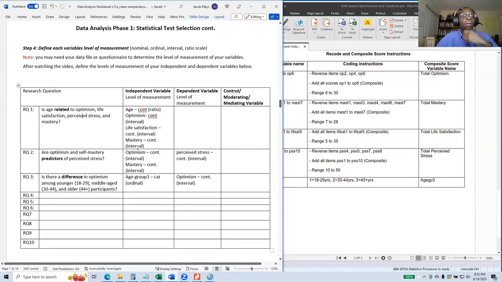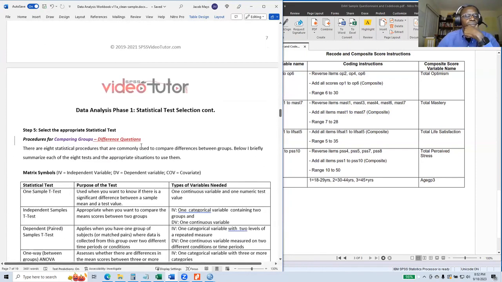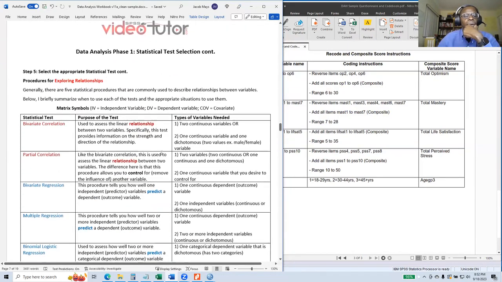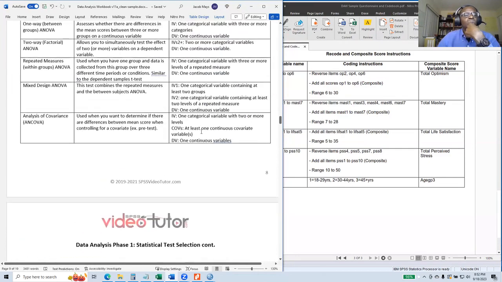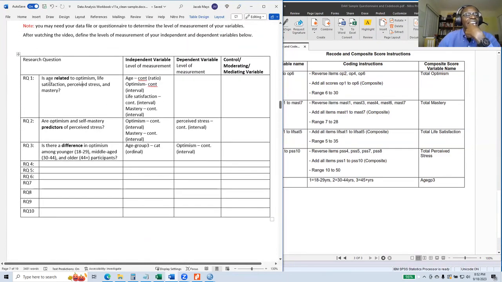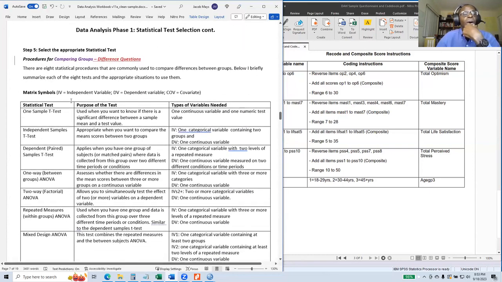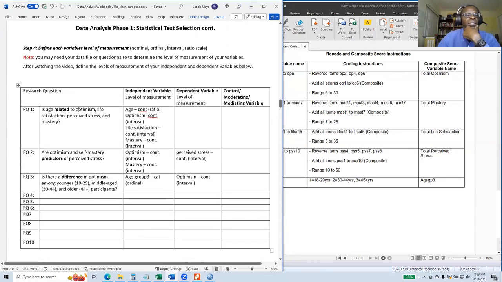Okay, these are all continuous. So the way this is done is age is examined against optimism. Age is examined against life satisfaction. Age is examined against perceived stress and mastery. Okay? And they're all continuous. Does that make sense? We see that they're continuous. Okay?